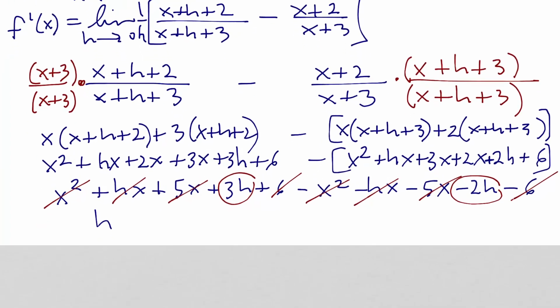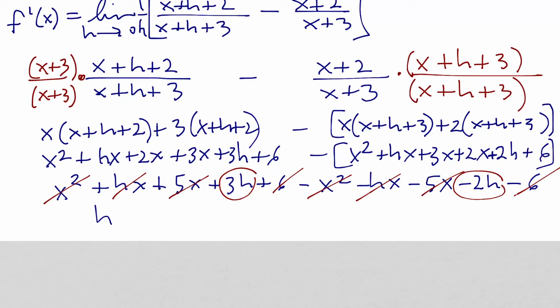Now let's put this function back together again. So we've got the limit as h approaches 0 of my numerator over my denominator, which was here, these two, which I'm not going to go ahead and distribute.